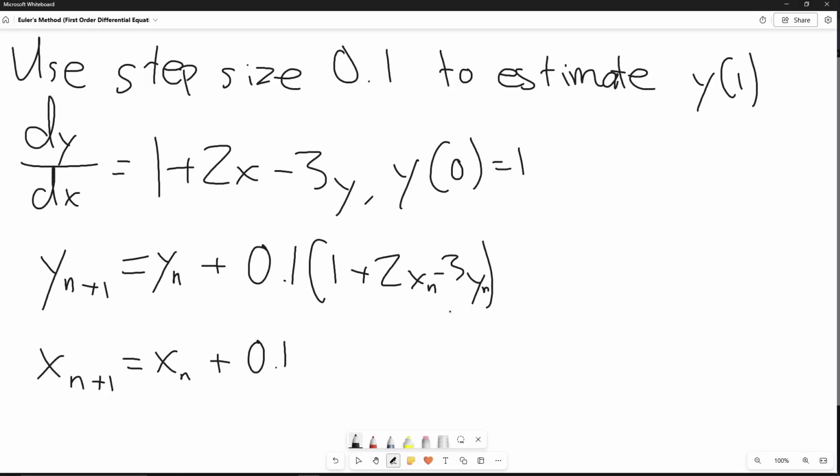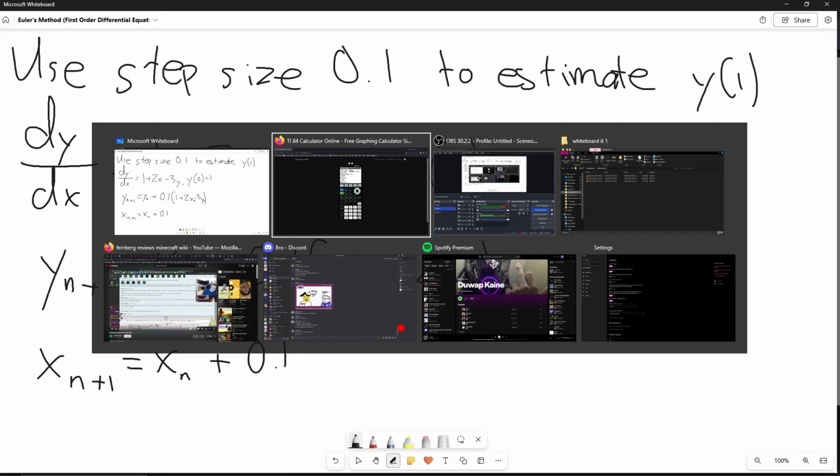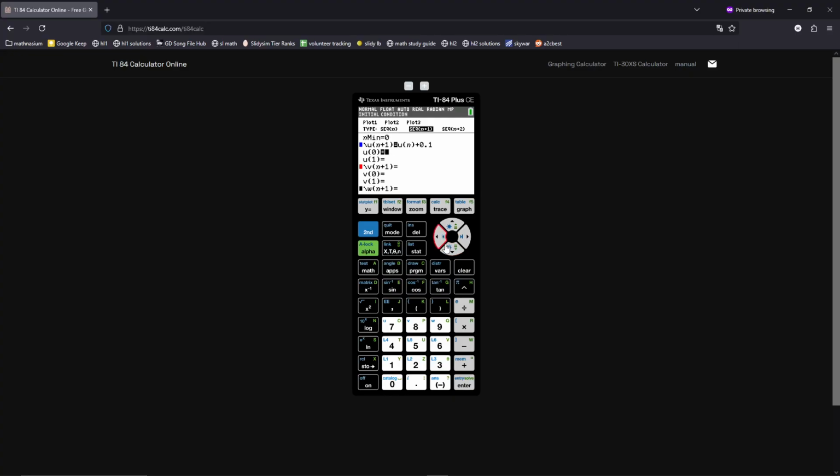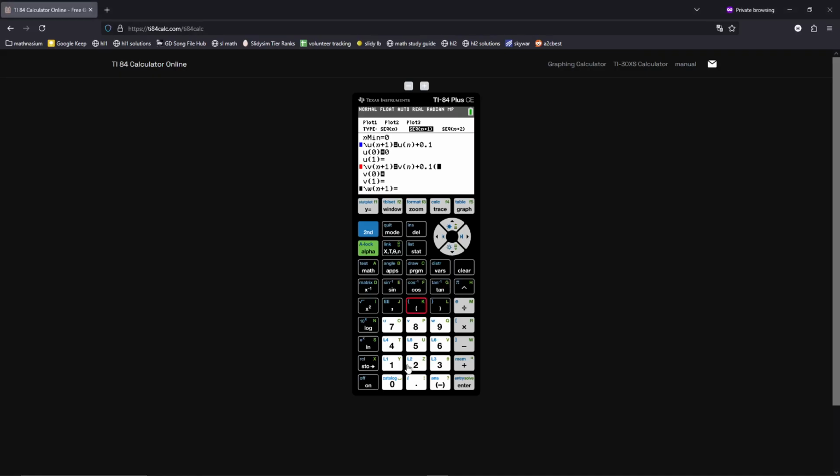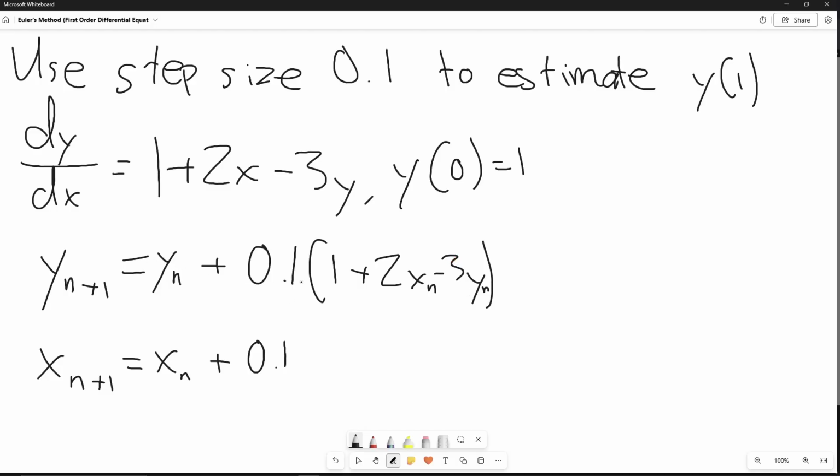The initial value is 0, and then our y is v of n plus 0.1 times 1 plus 2 times u of n minus 3 times v of n, and then our initial value for that is 1.